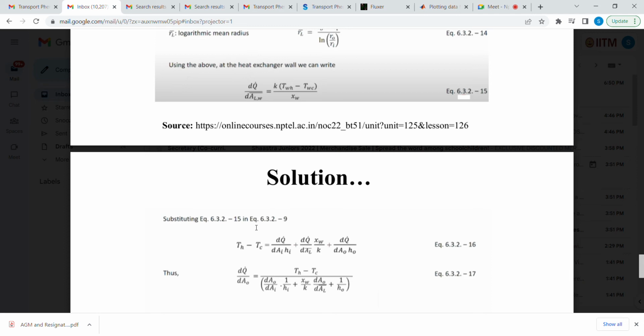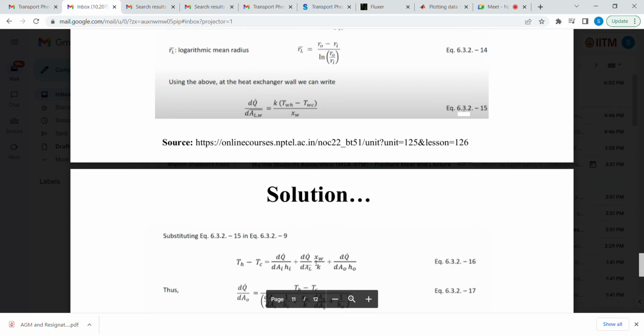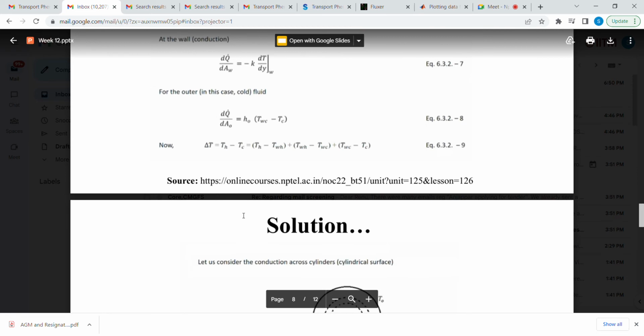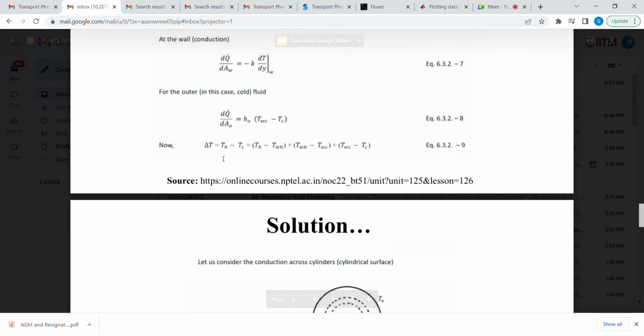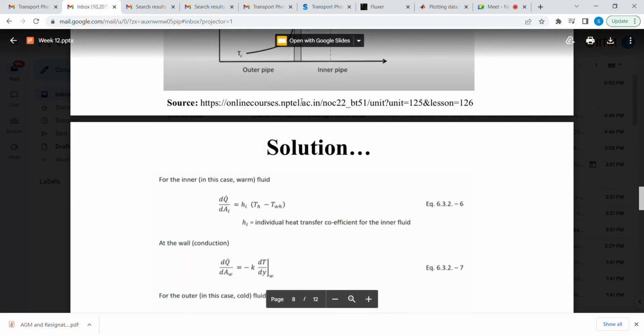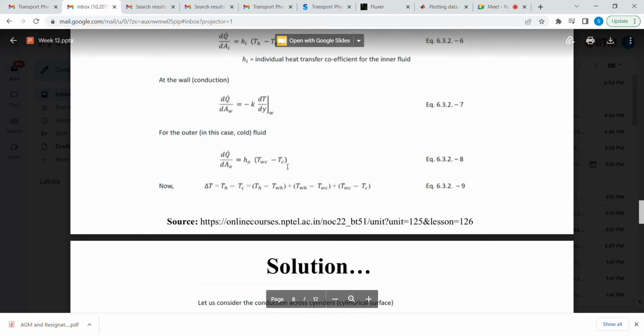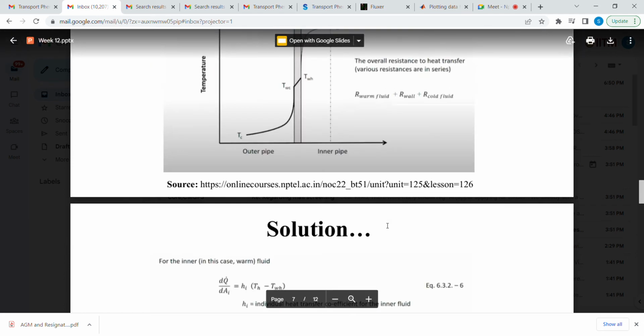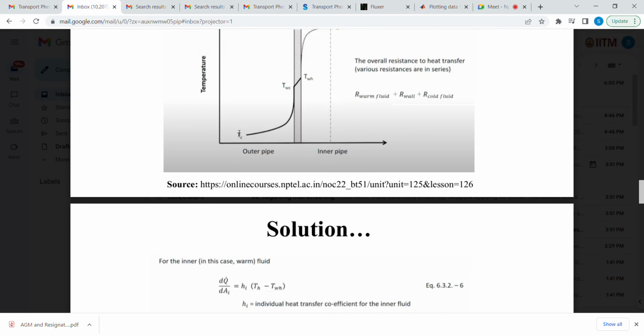I'll just read out the formula, but before that, let me show you this once again. Delta T equal to Th minus Tc equals the rate of heat transfer by the hot liquid to the interface, the conduction across the thickness of the wall, and the rate of heat transfer at the outer pipe, which is the cold fluid.